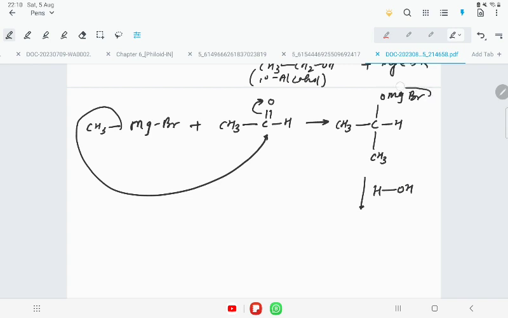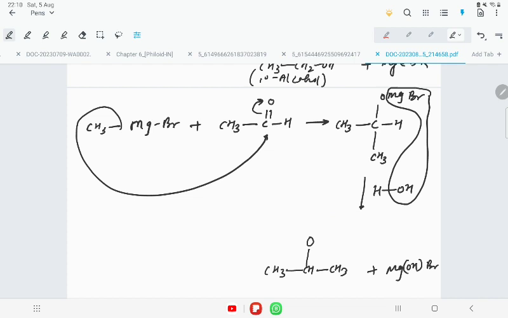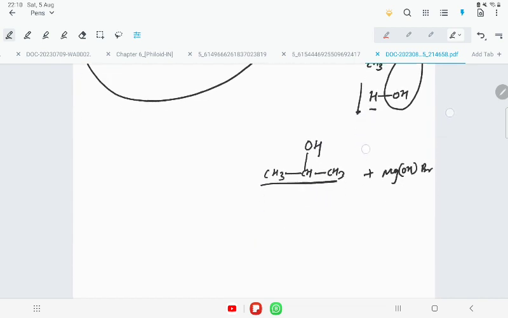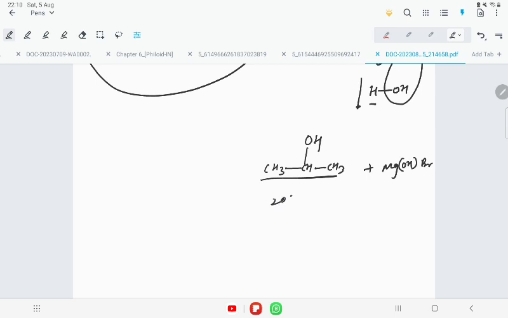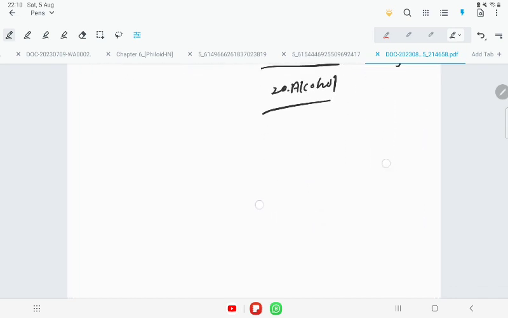Got it, student. So MgOHX, this is the MgOH and Br, is out, plus what is left here? CH3, this H, here is CH3 and here is O and this hydrogen is going to be there, that is H. So this is the 2 degree alcohol, keep in mind, 2 degree alcohol, right.